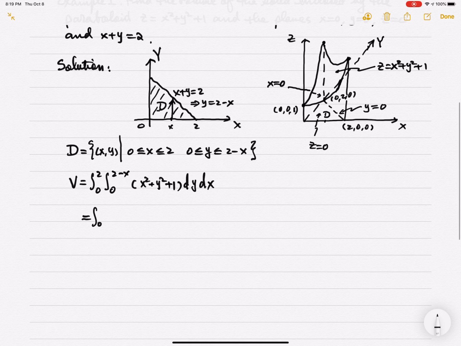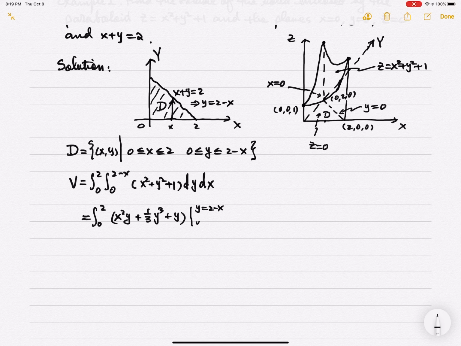First, you integrate with respect to y, treating x as a constant. That means you're going to have x squared y plus 1/3 y to the third plus y. And then you substitute y from 0 to 2 minus x.